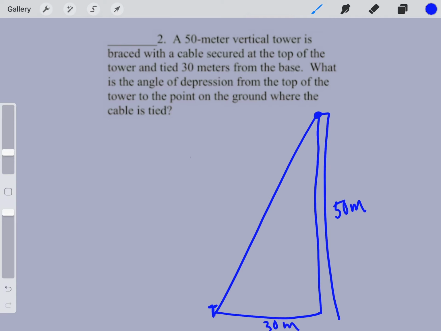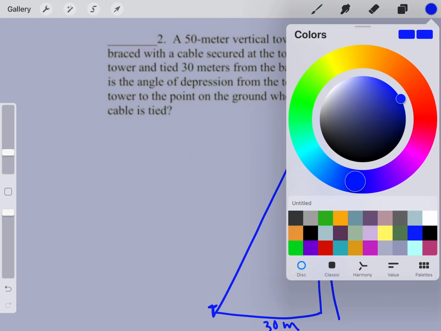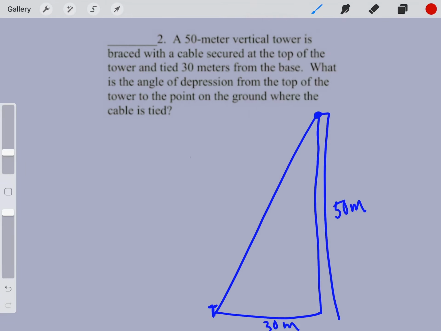Now it's asking about the angle of depression. Now this is an interesting question because it's not about, think about when it was like the person looking down at the dog. The angle of depression is actually talking about the angle here from the top down, this is our angle of depression.